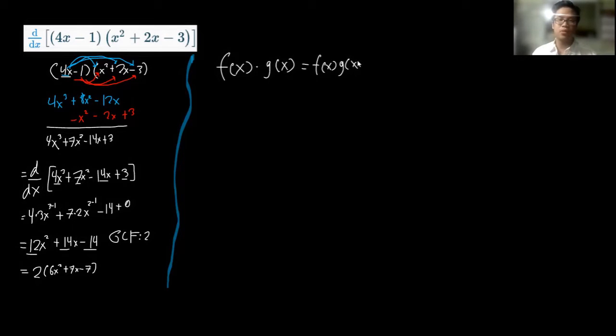But what if I told you I want to find the derivative of f of x, g of x? So if you want to find the derivative of it, this is it: f of x times g prime of x, basically the derivative of g of x, plus g of x times f prime of x.